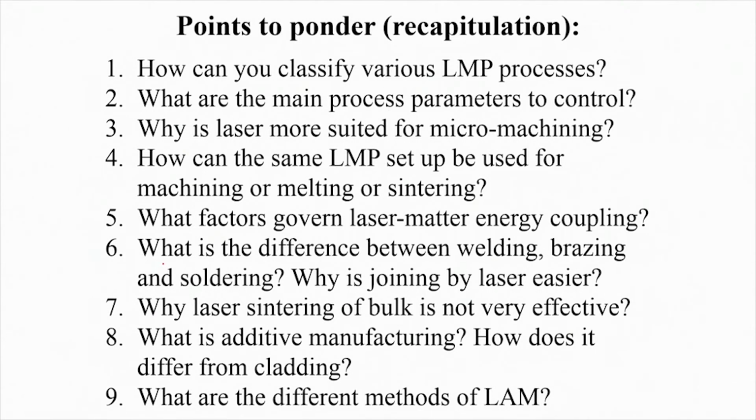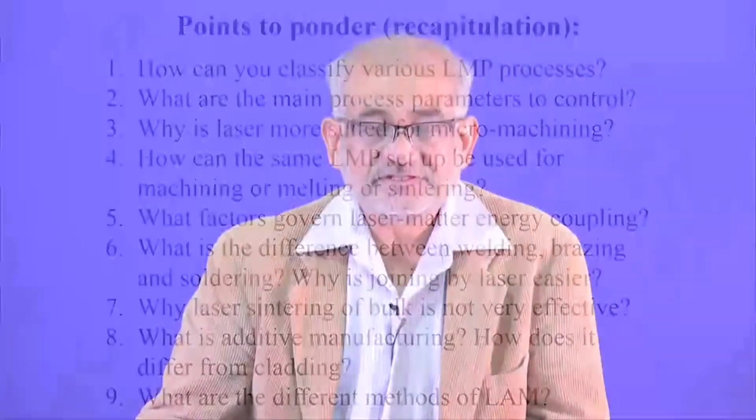So the different laser assisted manufacturing processes all can be treated with the same setup, same machine, and can be used to conduct various kinds of manufacturing practices. And laser is certainly one of the most versatile tools for such applications.